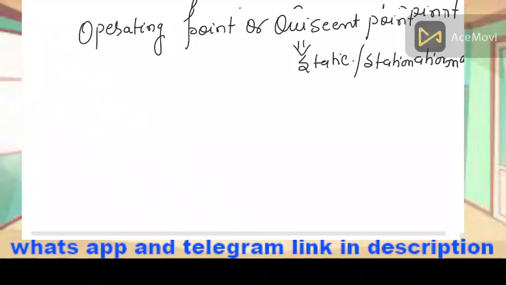Now we are interested in the operating point. What is the operating point? Suppose someone asks you in the viva what the operating point is.